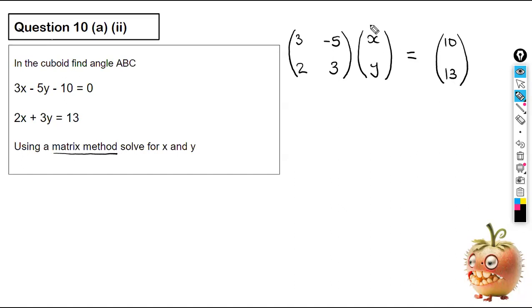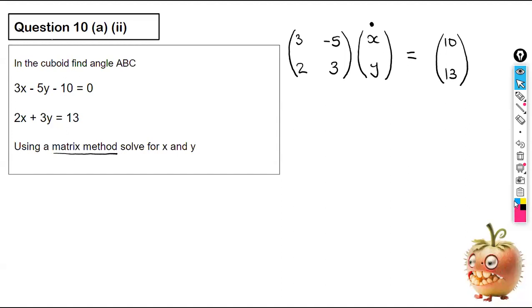Use your matrix method now to solve for x and y. Keep in mind, even in matrices, if you're trying to solve for x and y, you want x and y on one side, and then you have to throw everything else on the other side. Good luck, and feel free to send your answers for x and y.